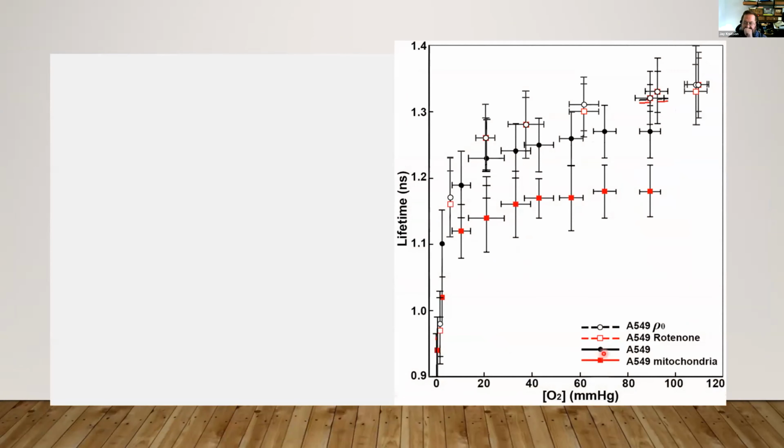So here's a measurement of a bunch of cells, and I'm going to jump you into it. These are average lifetimes based on molecular averages. So it's the alpha weighted lifetime, which is proportional to the number of molecules. And what you can see is, as Suman mentioned earlier, you can poison the oxygen consumption of cells with rotenone and antimycin, or you can get cells that have defective mitochondria.